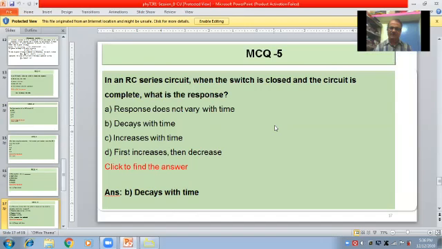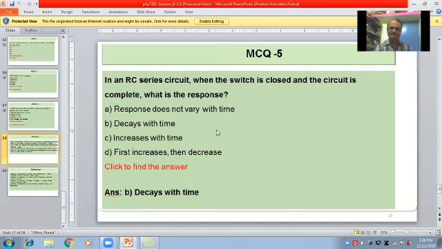If the charging key K1 is closed and K2 is open, then the response increases with time. And if K1 is open and K2 is closed, then the capacitor will be discharging through that circuit. Then the response decays with time. So just note down this clarification.